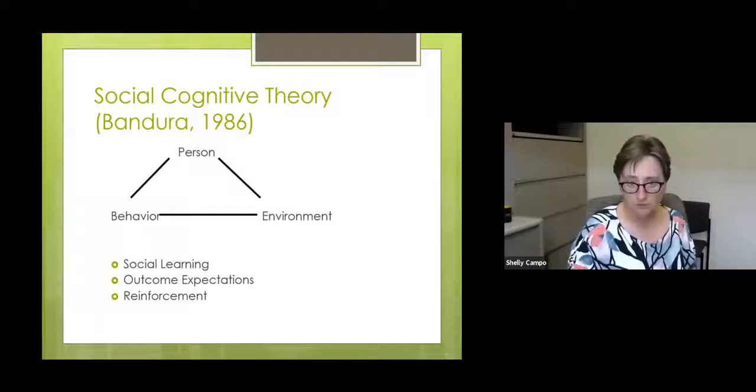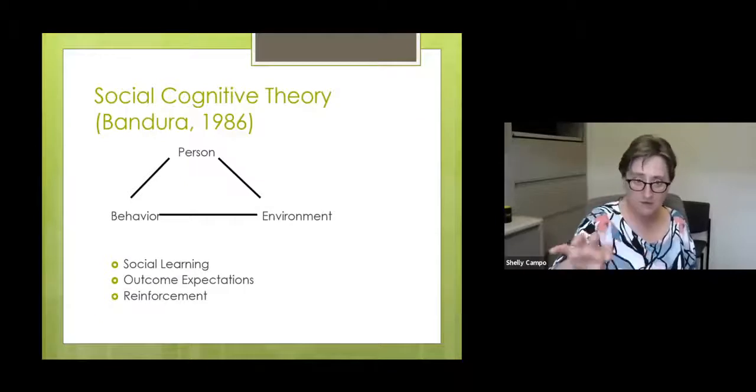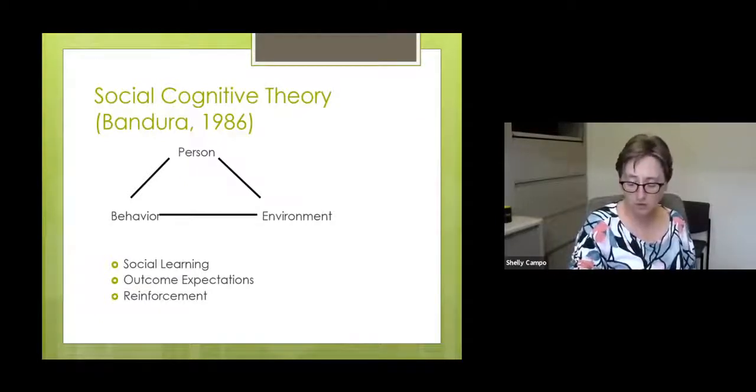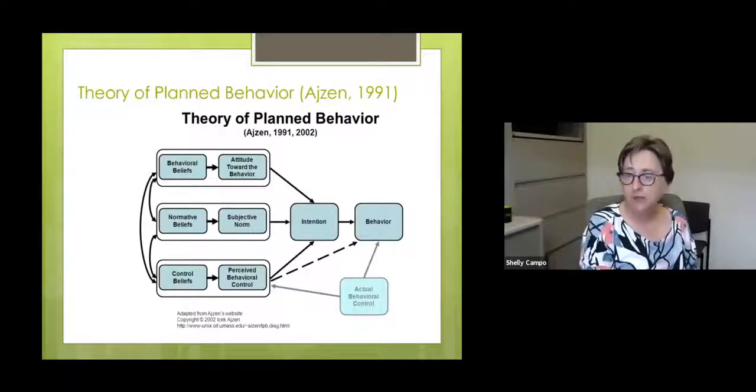Again, I think useful. So, again, what I'm trying to teach you is to think about the constructs of things that you might want to pay attention to given your individual circumstance. Theory of planned behavior, which originated by Fishbein and Ajzen as a theory of reasoned action. So you may have heard of it either way.